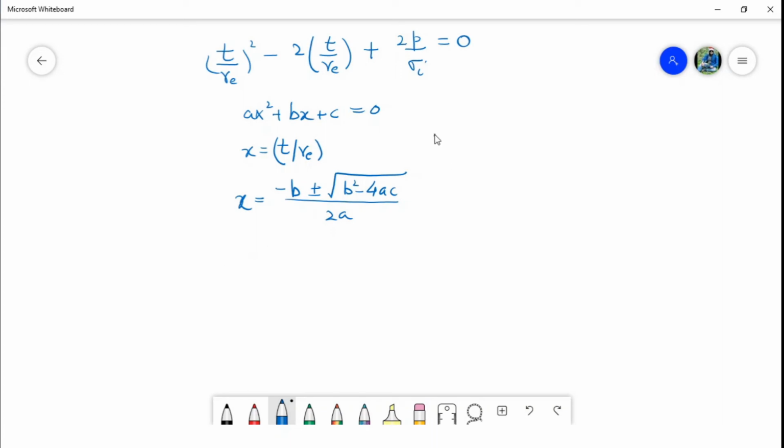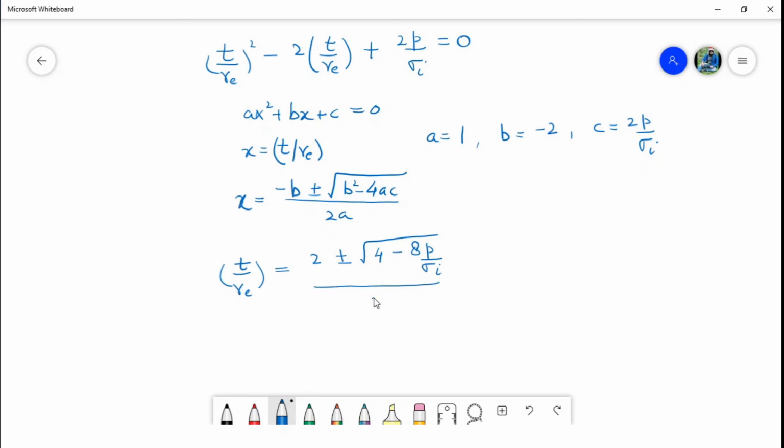So a is 1, b is minus 2, and c is 2P over sigma I. If you put the values, you will get t over Re equal to 2 plus minus the root of 4 minus 8P over sigma I, divided by 2.